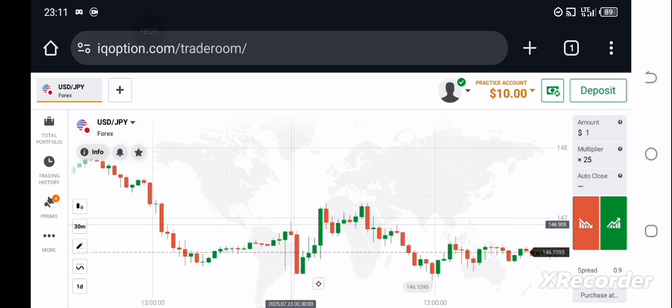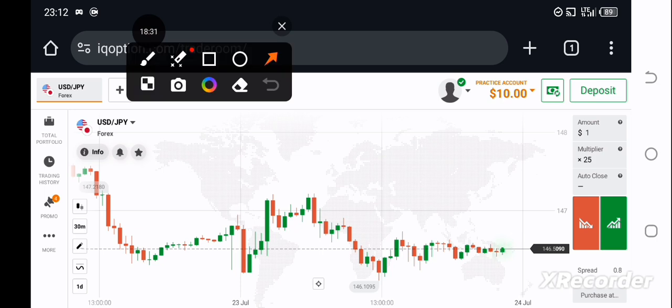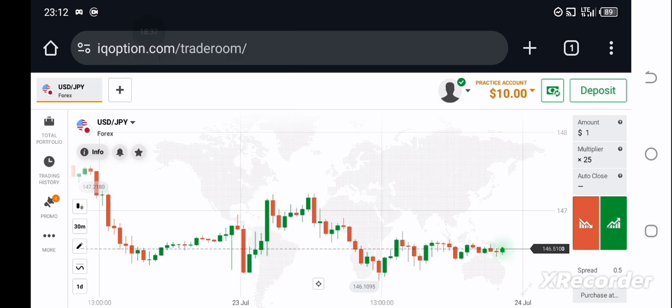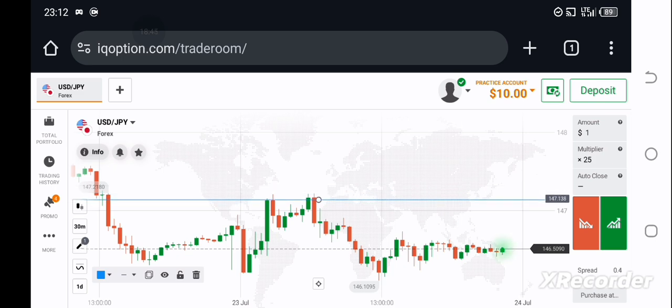I can spot something here called a double top pattern. I've taught you about double tops. This is the first top, this is the second top. If you connect those areas, you will see that the market has formed a double top pattern, or what we call an M pattern.